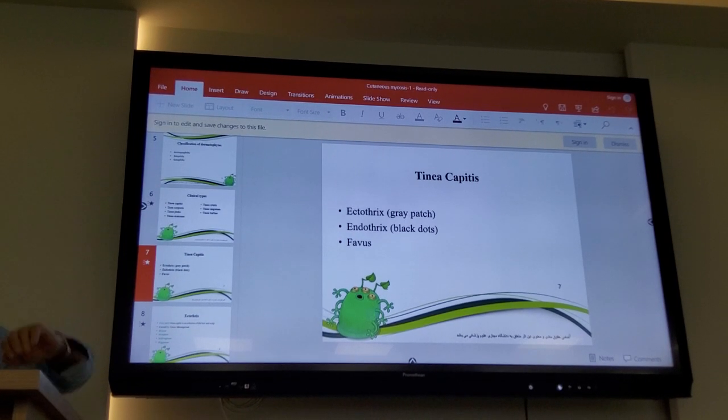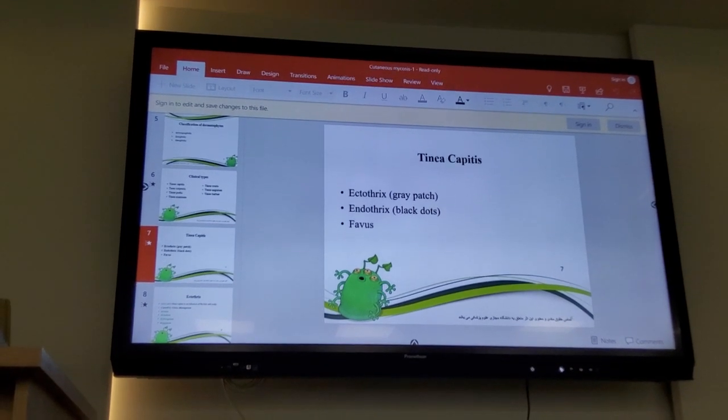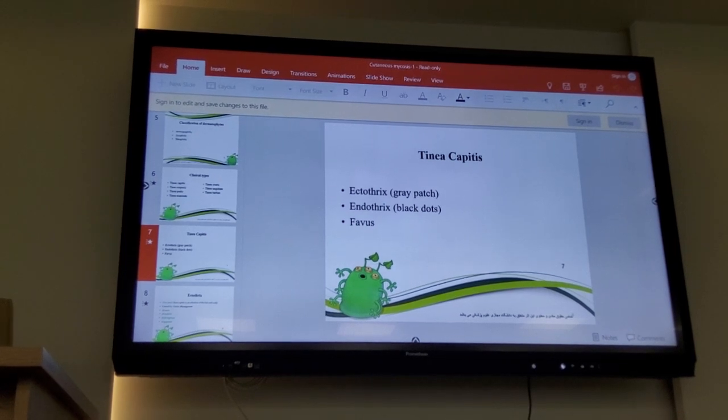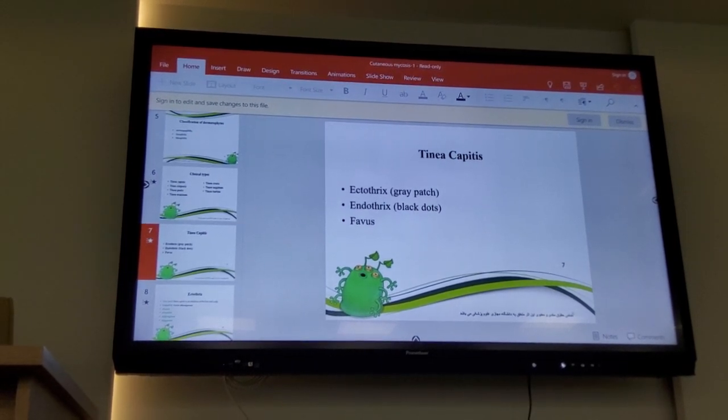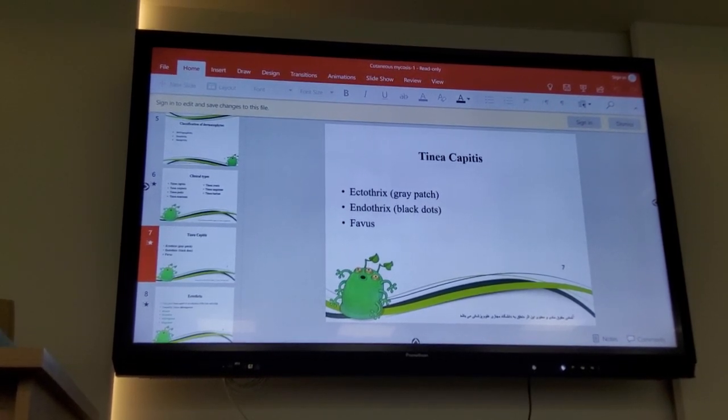First, tinea capitis, the dermatophytosis of the scalp. The skin of the hair is the scalp. When the scalp is infected by dermatophyte, the infection is tinea capitis.